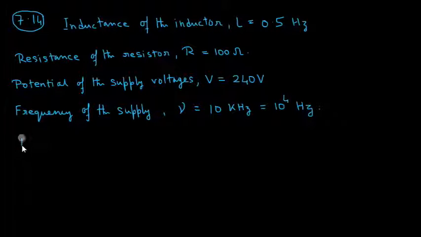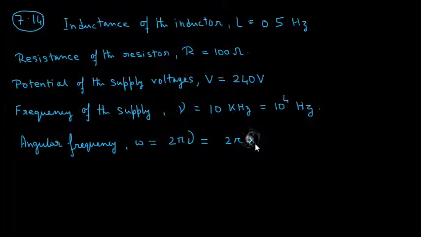Angular frequency omega is equal to 2 pi nu, which is equal to 2 pi multiplied by 10 to the power 4 radian per second.